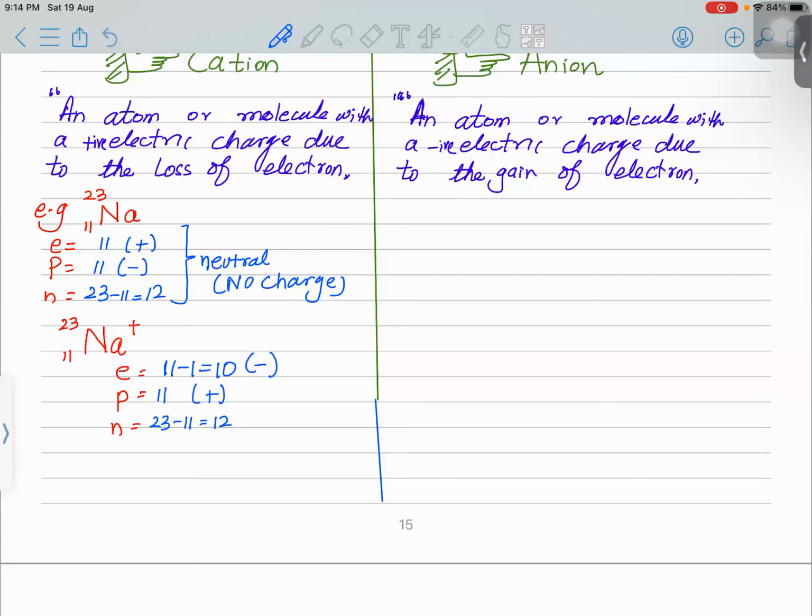That's why sodium has plus 1 charge, because it has one more proton.